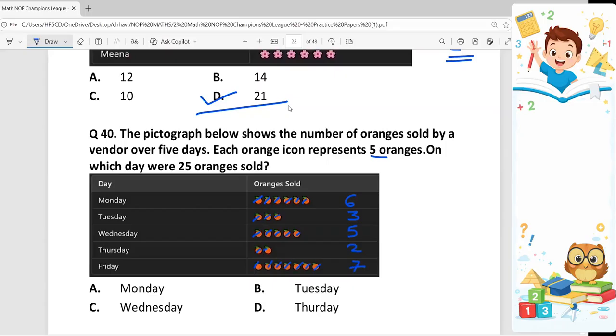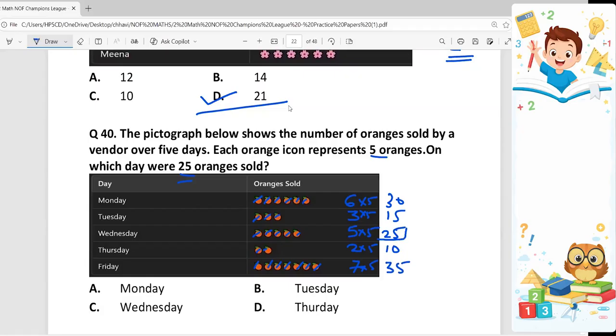Now we have to see on which day were 25 oranges sold. Since each of them is multiplied by 5 to get the number of oranges, let's multiply all of them with 5. 6 5s are 30, 5 3s are 15, 5 5s are 25, 5 2s are 10 and 7 5s are 35.